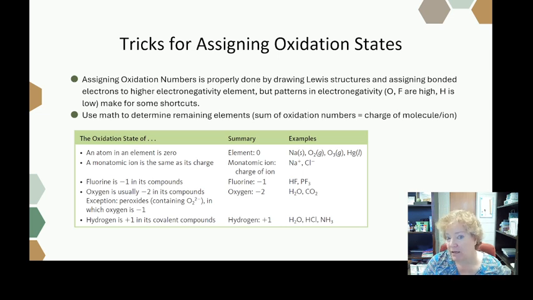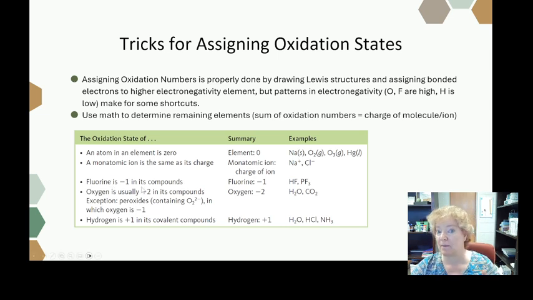If I have fluorine in a covalent compound, it's going to be -1. So let me back up. What this is also saying is that when I have an ionic compound, the oxidation state is the charge. If I have an ionic compound that has a polyatomic ion in it, that's a covalent one, and that's where I'm going to have to assign the different elements in there to different oxidation numbers.